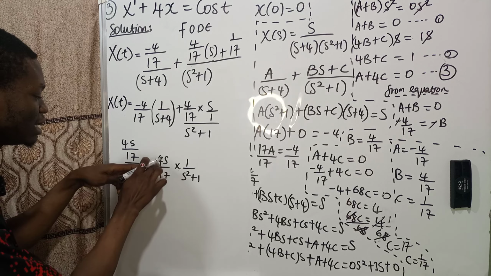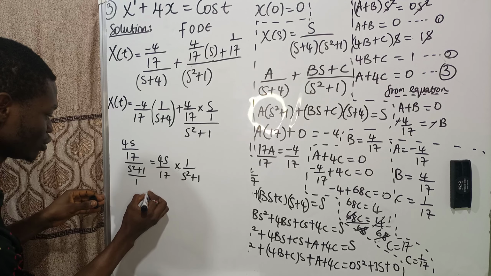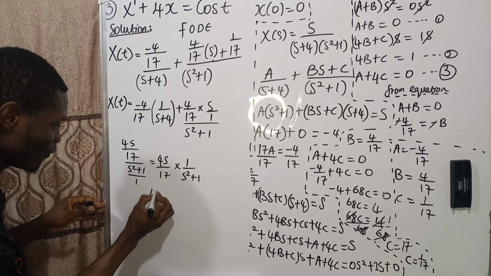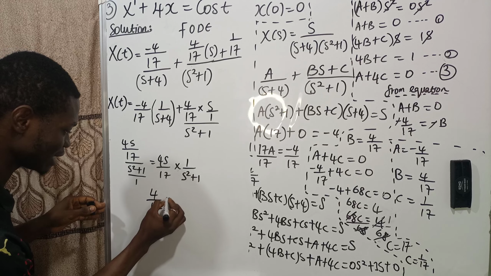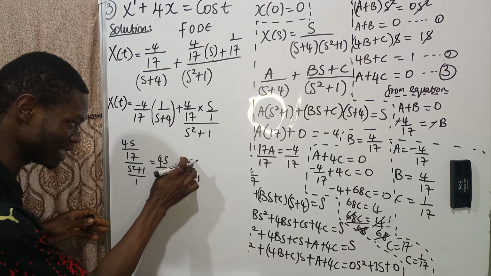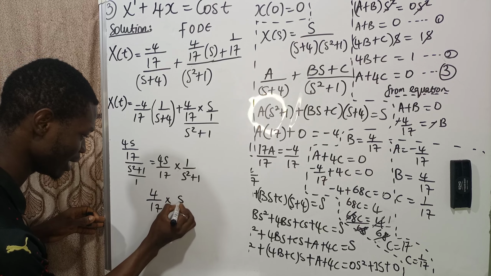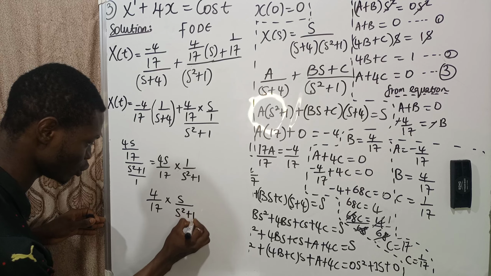Now, this 4s is still the same thing. I can write this as 4 over 17 times s over s squared plus 1, shifting the s to multiply the 1.